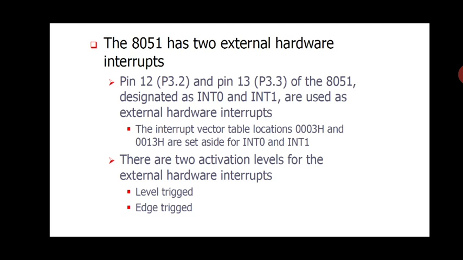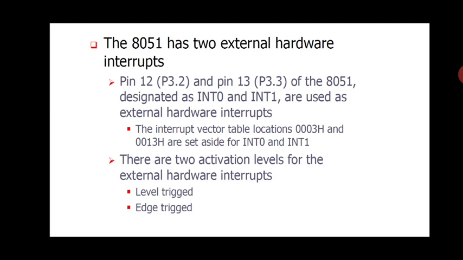Now, the 8051 has two external hardware interrupts called INT0 and INT1. These signals come from port 3, the third bit, P3.2, and the fourth bit, P3.3, from pins 12 and 13 respectively. The specific locations for these interrupts are 0003H and 0013H.